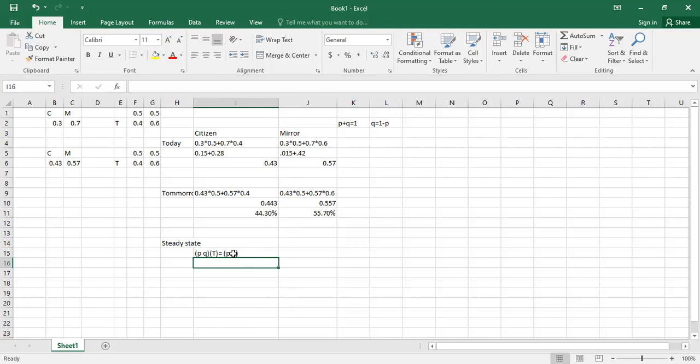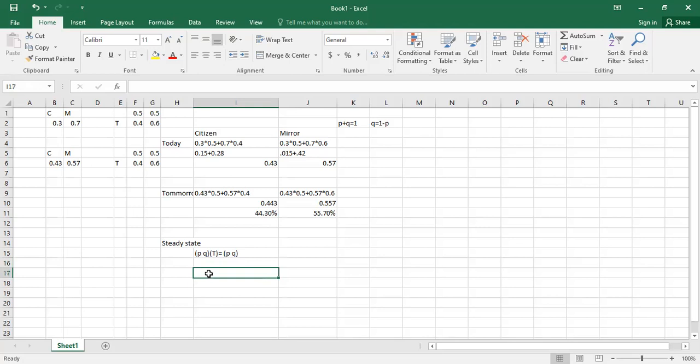So the steady state will be such that our PQ, the initial condition multiplied by the transition matrix, will be giving us this. Now we don't have the initial, and this is the steady state that we are looking for.